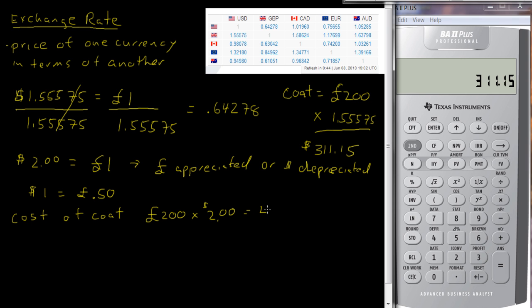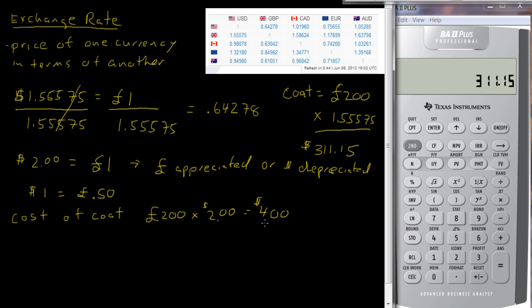And so now it's going to cost me $400. So you can see that when the pound appreciated or the dollar depreciated, it became more expensive for a U.S. resident to buy that. So what's going to happen if these exchange rates hold?